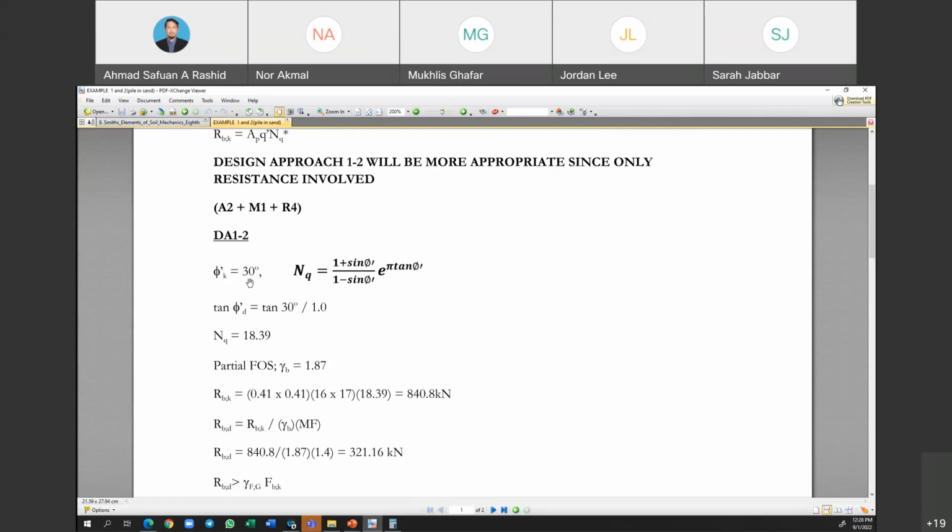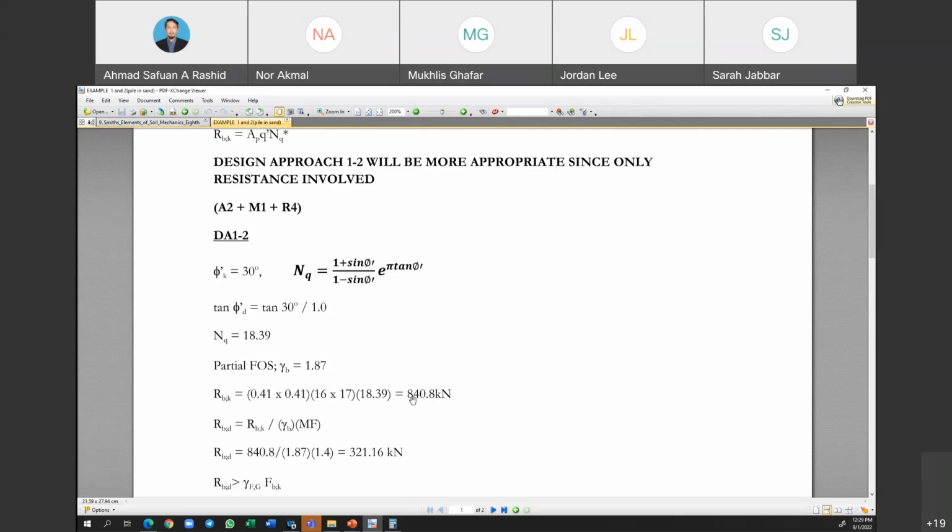Okay, so 30, then 30 divide with 1. So then we calculate Nq equal to 18.39. Okay, so for the gamma b, when we look at R4, the gamma b is equal to 1.87. So we calculate first the Rb, which is the end bearing.